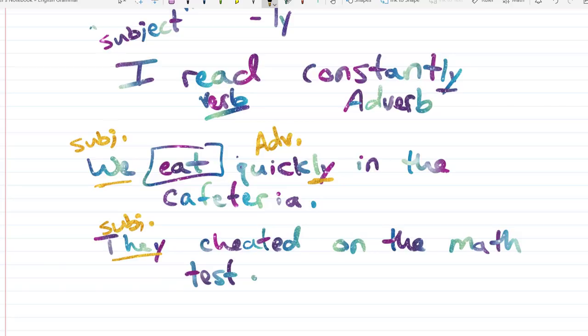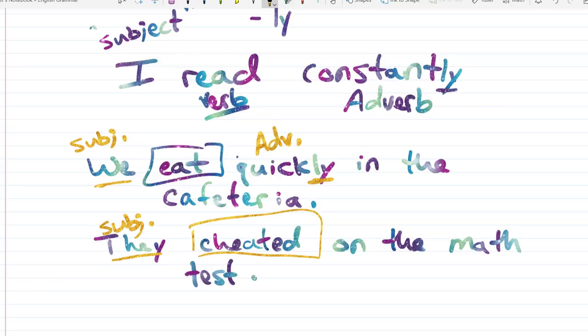And they's your subject. And what are they doing, or what did they do? They cheated. So there's your verb. Boom. They cheated. And if you notice, we have we eat, right? We eat. That's happening right now, right? You're in the cafeteria eating quickly. They cheated, right? That's a different tense. That's a different time that it happened. It's not happening right now, right? It happened in the past. So this would be a form of a past tense verb.